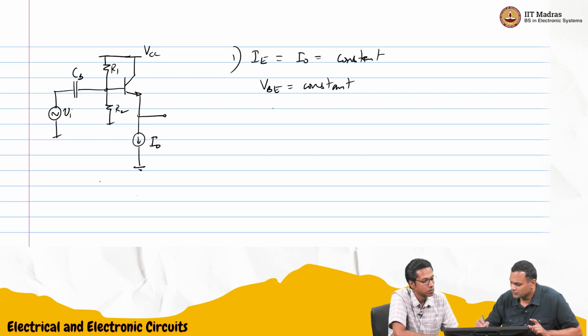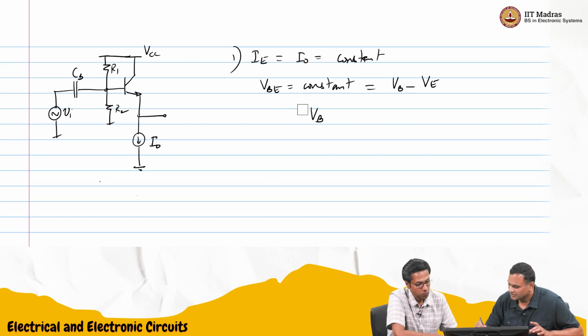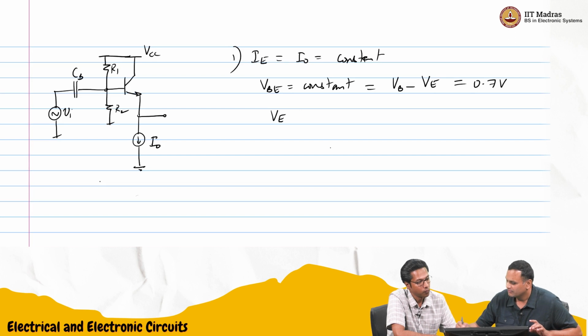Which means VB minus VE is constant. And in fact the difference is 0.7, because it is the base emitter voltage. That constant has to be 0.7. So then we can write this now.